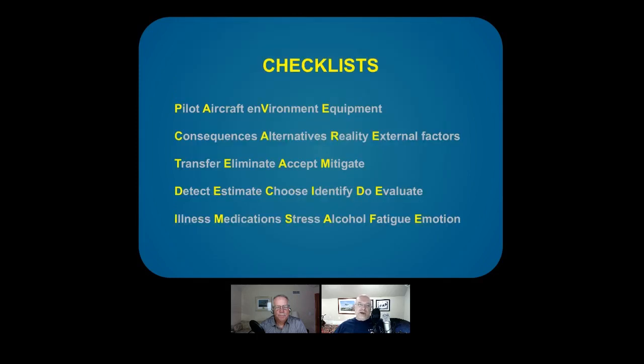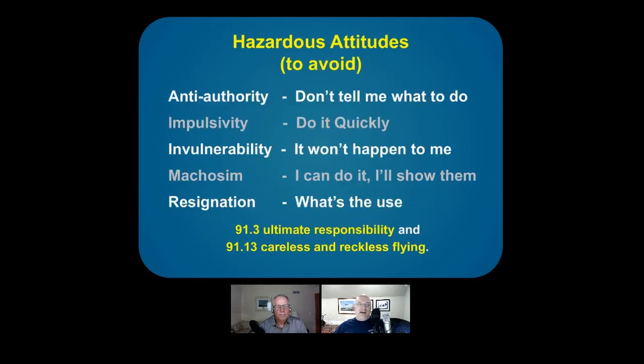But the antidote they want to hear on your FAA test is that in the anti-authority situation, your response as a pilot should be to follow the rules, because the rules are generally right and will protect you. In an impulsivity situation, the attitude is "do it quickly, I want you to do this now." The right response is not so fast, think first.